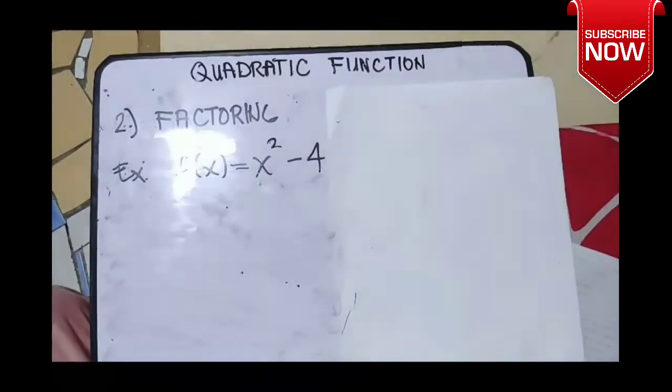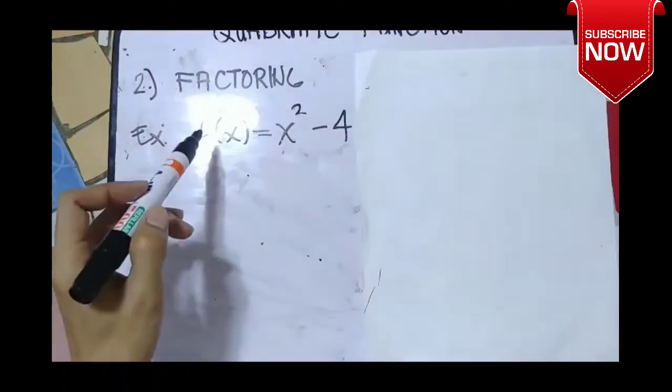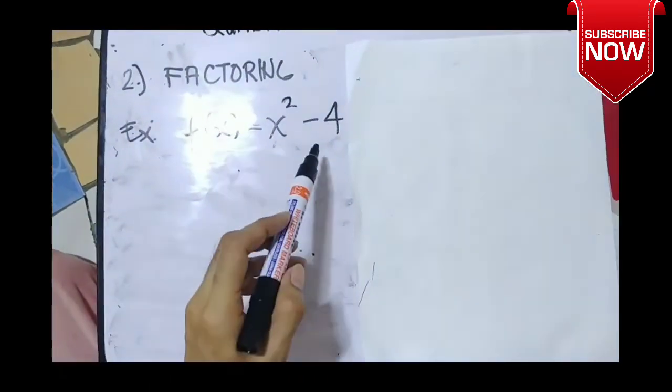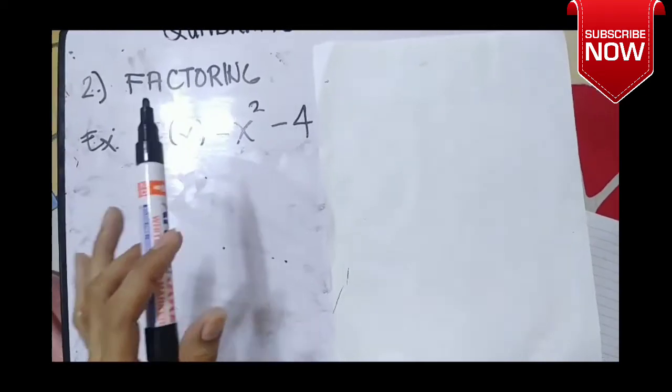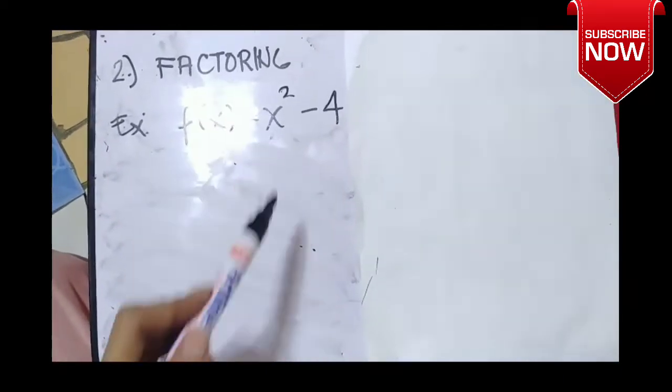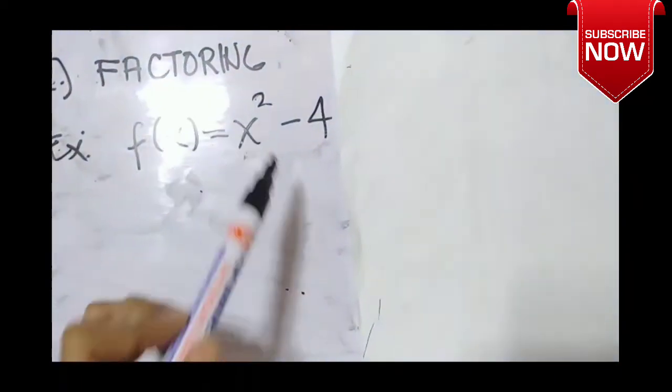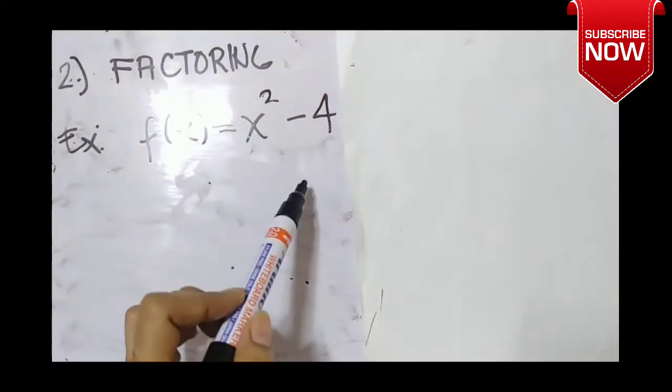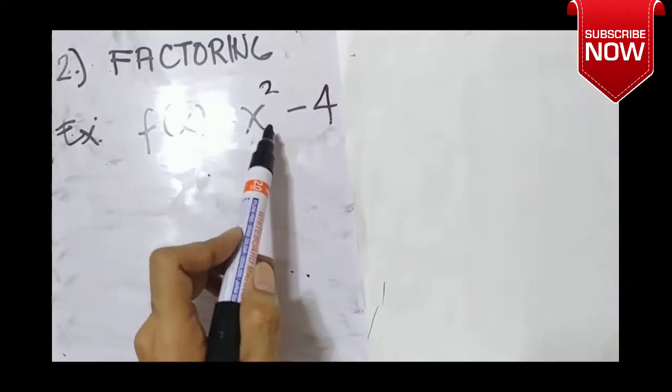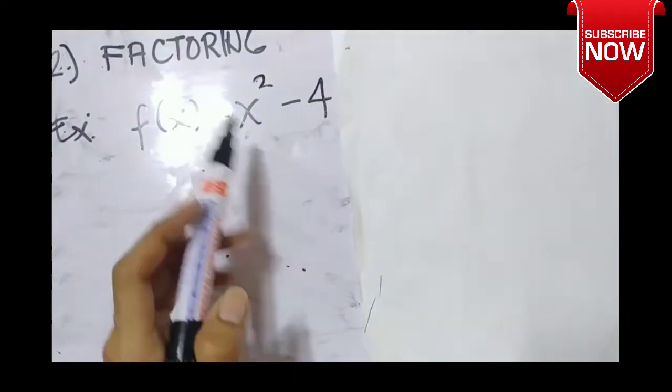Second method, which is factoring. So, same sample pa rin. F of x is equal to x squared minus 4. So, before we proceed to factoring, let us now observe the equation x squared minus 4. Kung mapapansin natin, this equation involves only two terms.